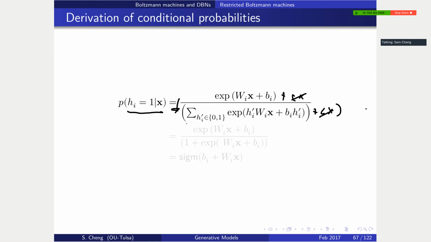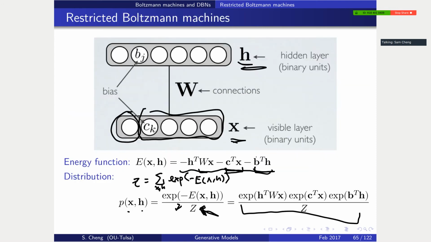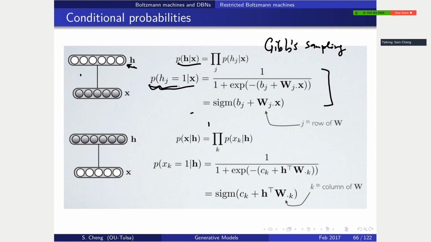You remember there is a sum here, so we will sum over different values of h, basically 0 or 1. There's basically just two terms here, so therefore this one is equal to this guy here. So then therefore we have this p(h|x), and using this, basically we are able to sample it. That's the main point here.